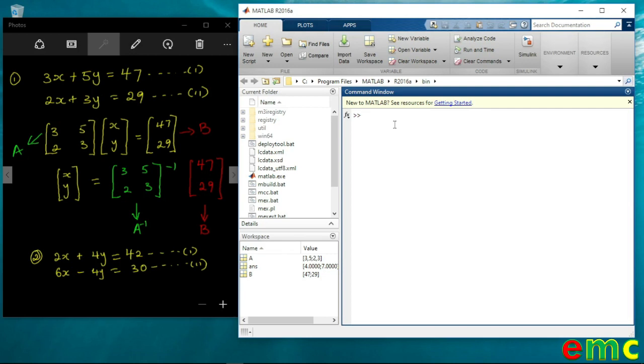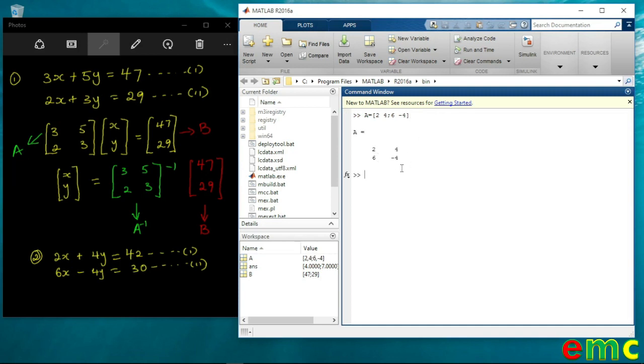So we have matrix A equal to, I open my matrix, 2 space 4 semicolon, telling Matlab to move to the next line. So I have 6 and then negative 4. I close my matrix, so I have matrix A to be this.